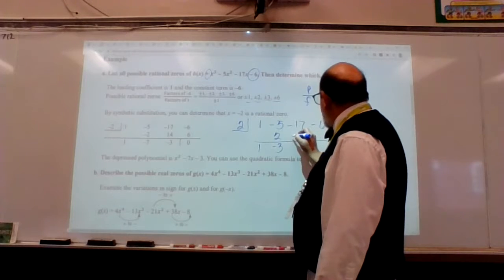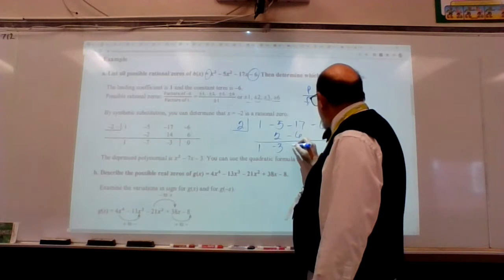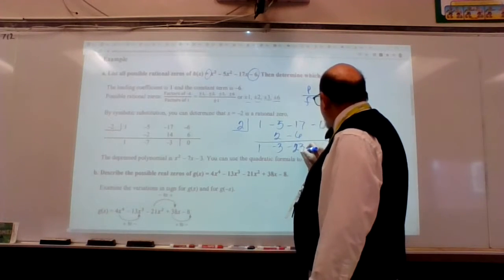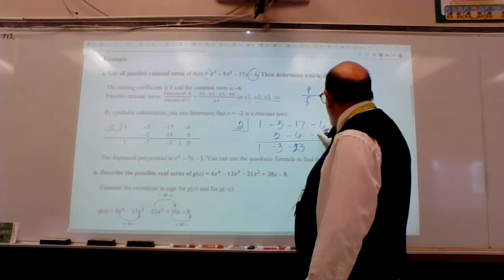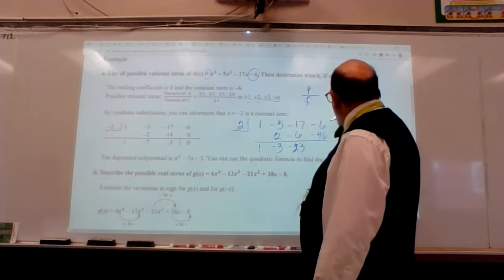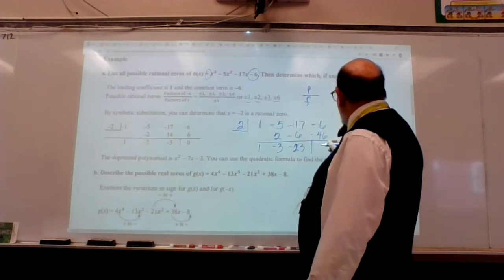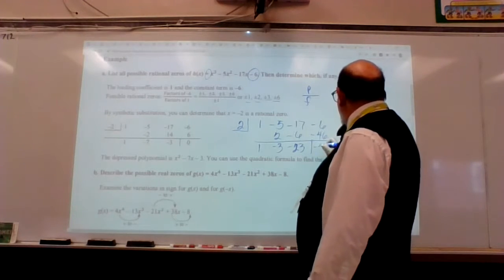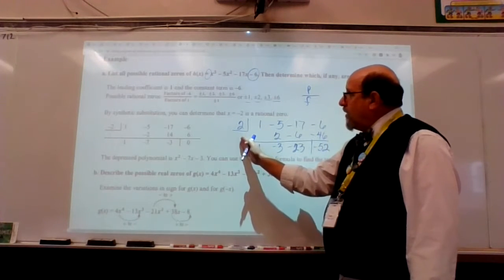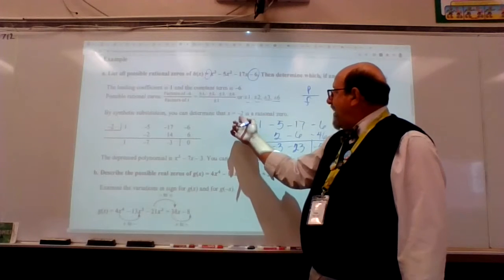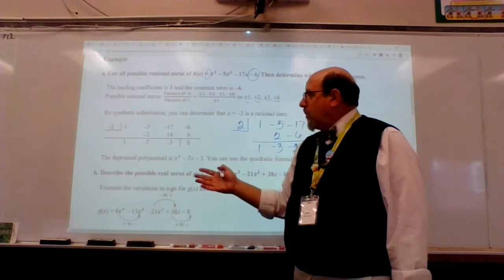Negative 2 times negative 3 is negative 6. We put these together, we have negative 23. 2 times negative 23 is negative 46. Negative 6 and negative 46 are negative 52. So we see that 2 is not a real root, but negative 2 is a real root.